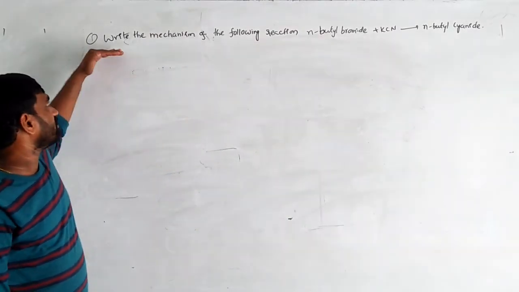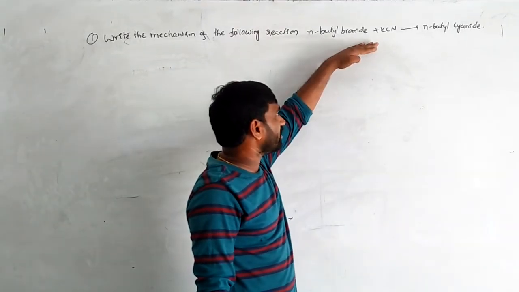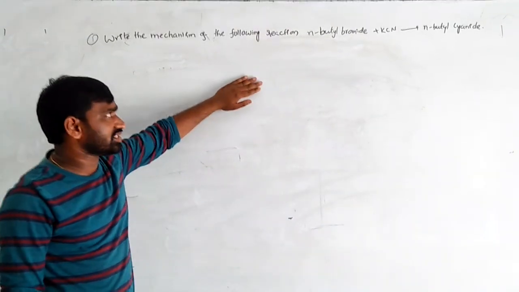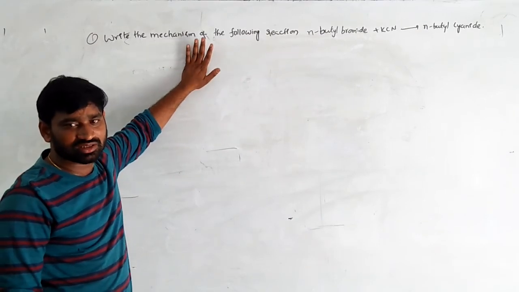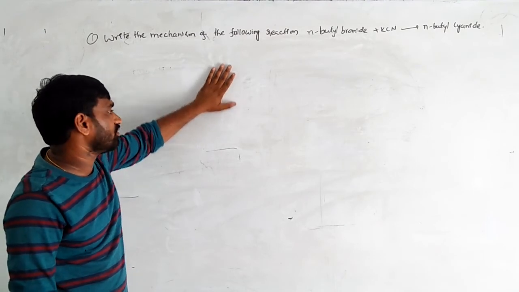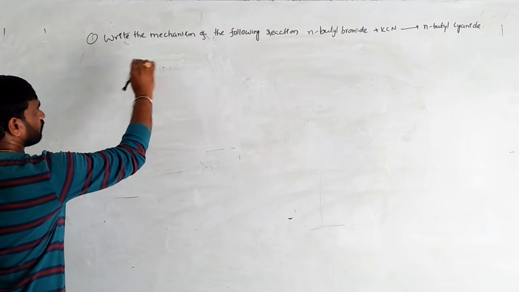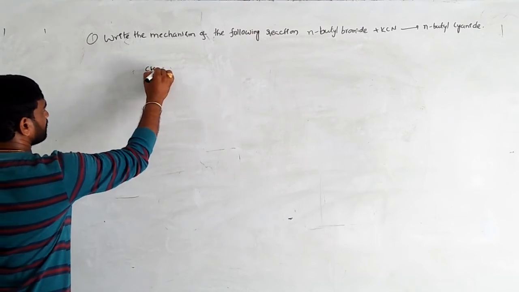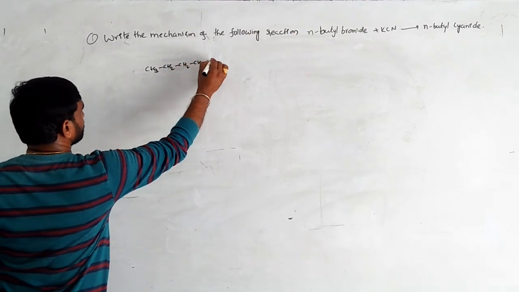Next, write the mechanism of the following reaction. N-butyl bromide reacts with KCN to give N-butyl cyanide. Explain whether this reaction is SN1 or SN2. Okay, students. N-butyl bromide: butyl means 4 carbons, CH3, CH2, CH2, CH2, Br.